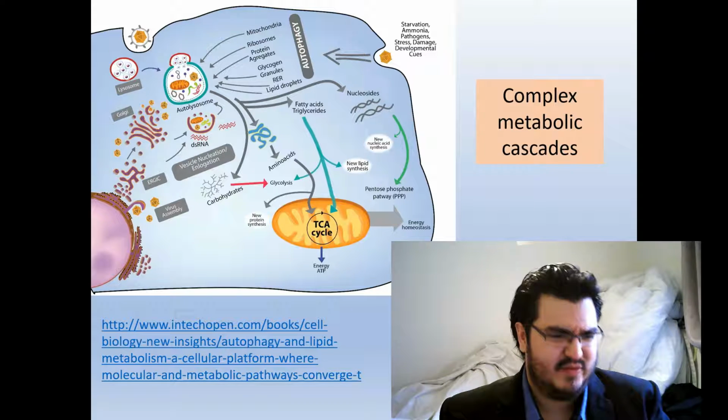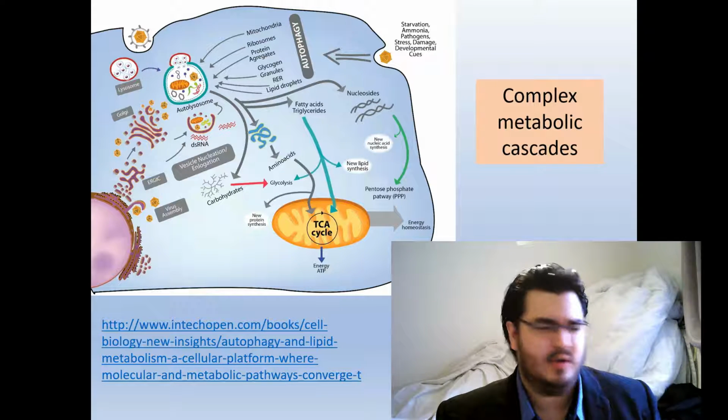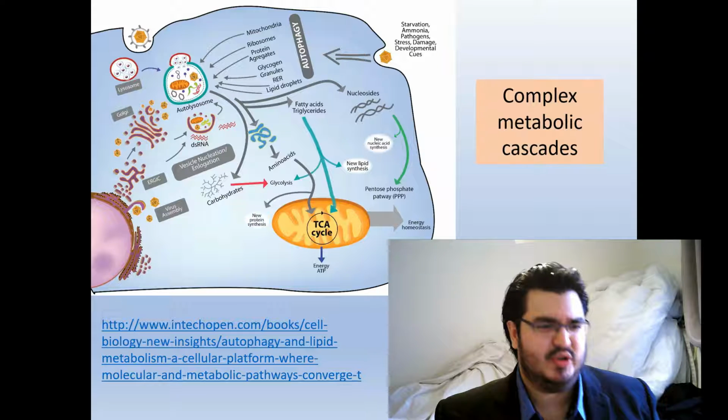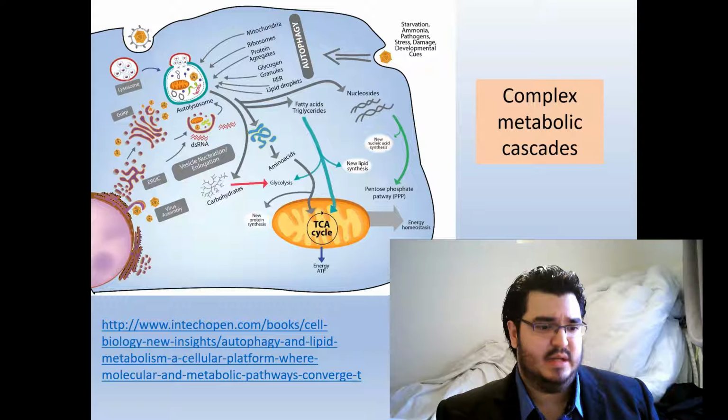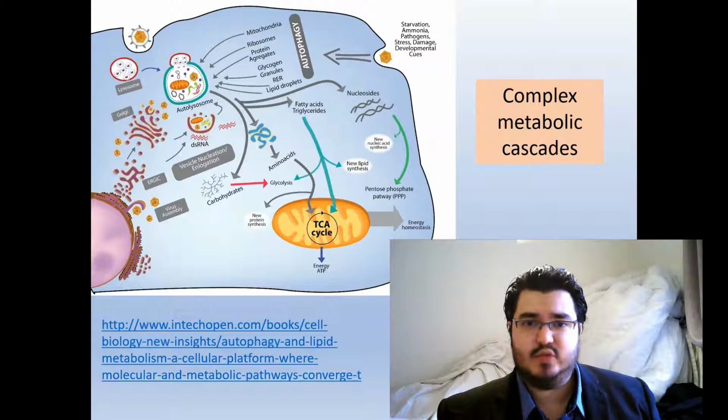You might have to know that for A-level, I'm pretty sure. So the basis of the molecular cascades, the metabolic processes and algorithms in the cell, you have to know about this to understand how cells work.